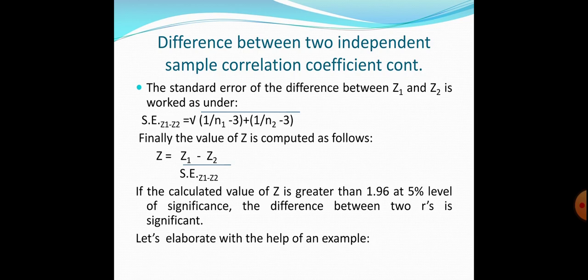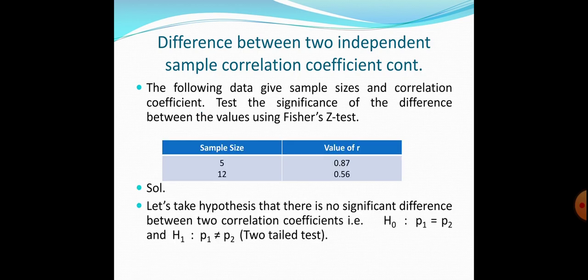Now let's elaborate it with the help of an example. The following data give the sample sizes and correlation coefficients. Test the significance of the difference between the values using the Fisher's Z test. Here consider it carefully. Two sample sizes are given, one is 5 and one is 12. Both sample sizes are less than 30, and the values of 2 r are given.